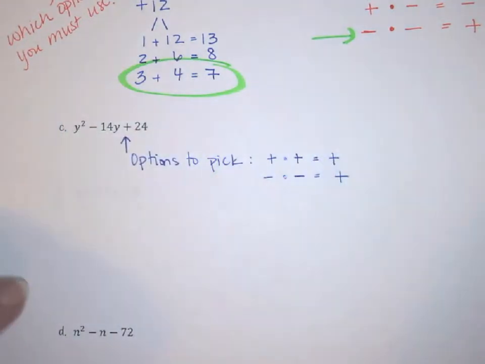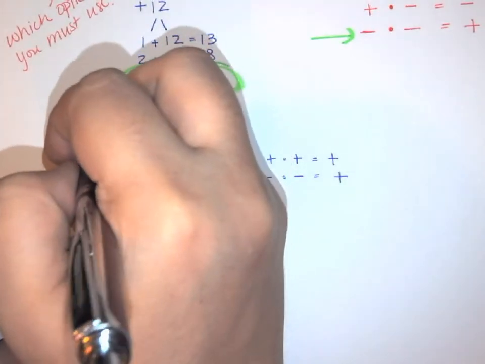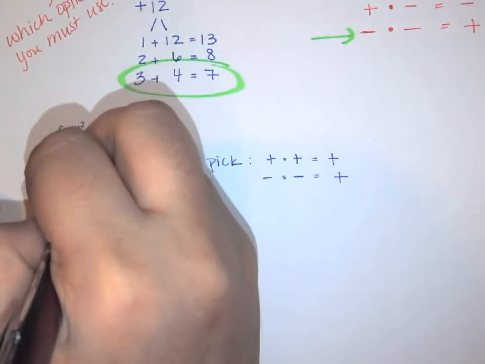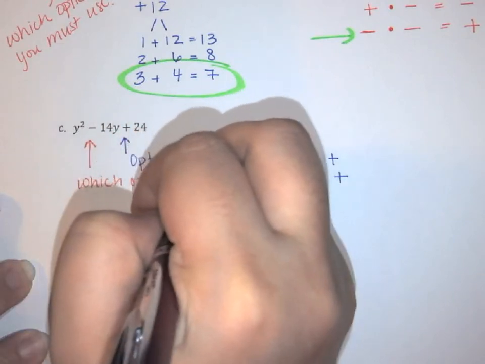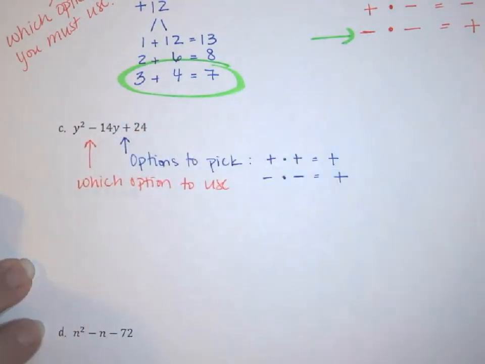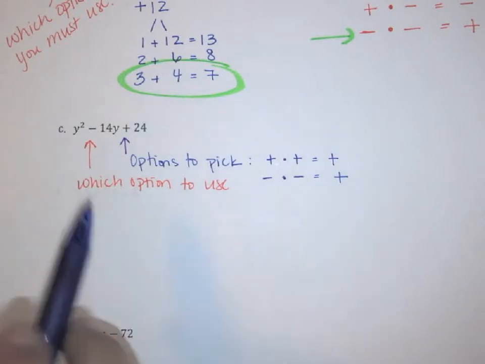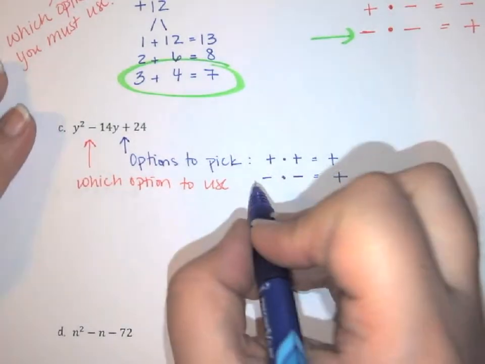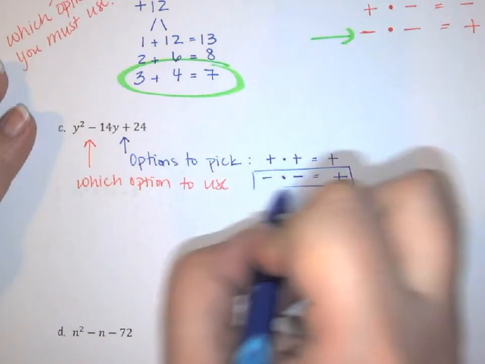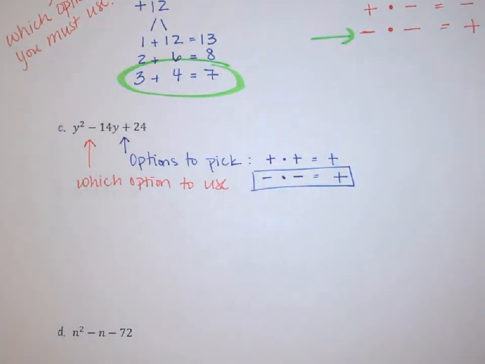And then this middle term here tells me which option to use. Well, I have to add it to a negative, which means the only option possible is negative and negative.